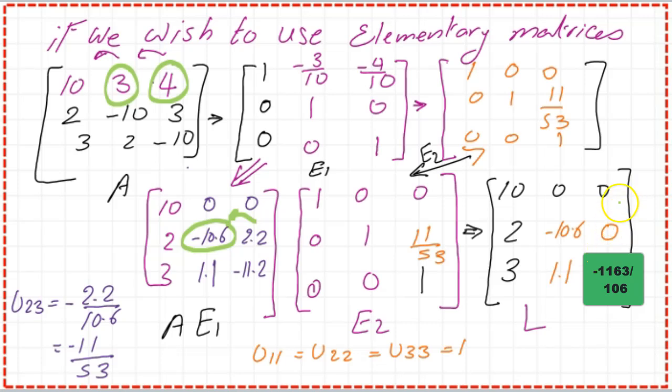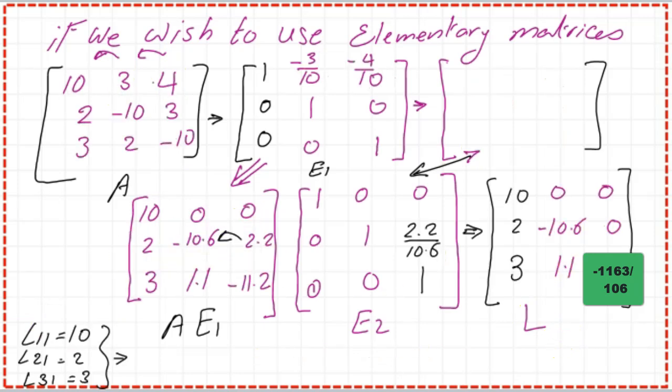We want this to be 0, so we multiply 2 by 0, minus 10.6 by 11 over 53 plus 2.2 will give us 0. And finally, we have 1.1 by 11 over 53 minus 11.2 will give us 1163 divided by 106, which is exactly matching the lower matrix.